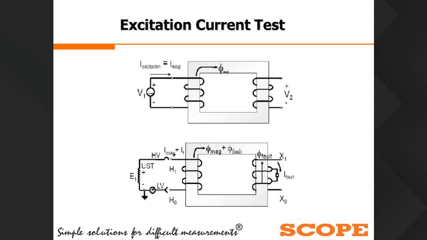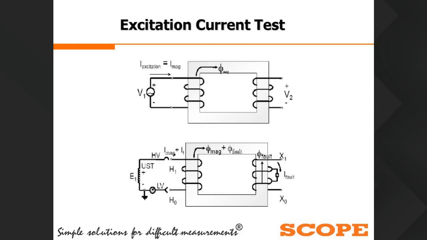After that the magnetizing current will flow from the primary, and the flux will flow from primary to secondary, and EMF will be induced in the secondary winding easily. The magnetizing current which is required, let us consider this is I magnetizing.